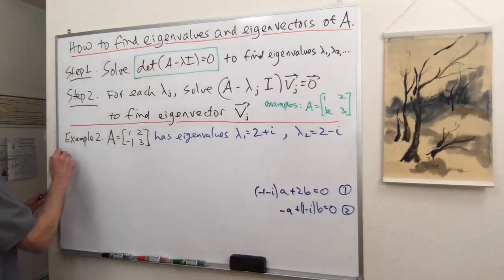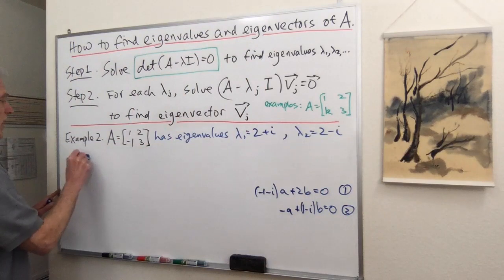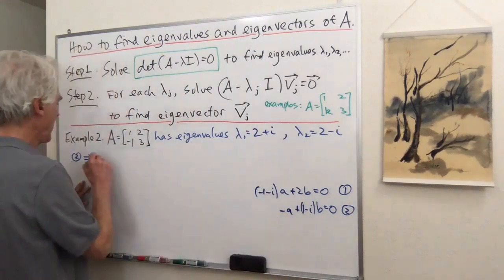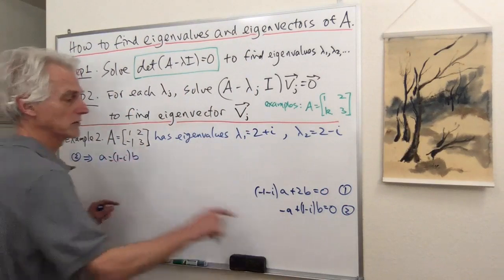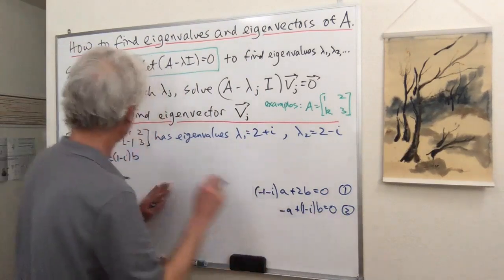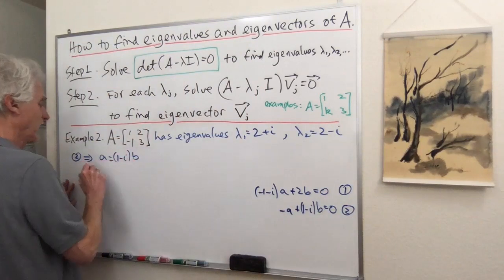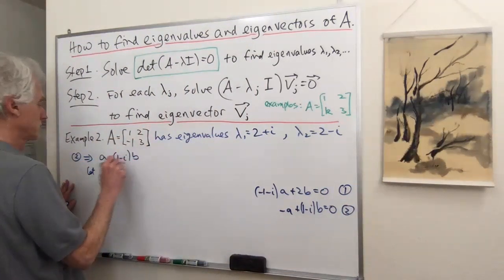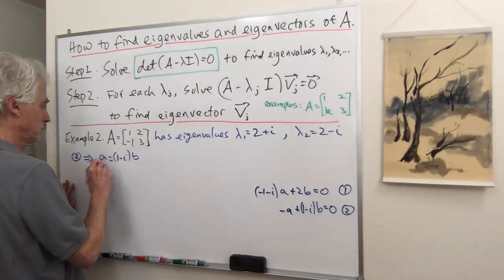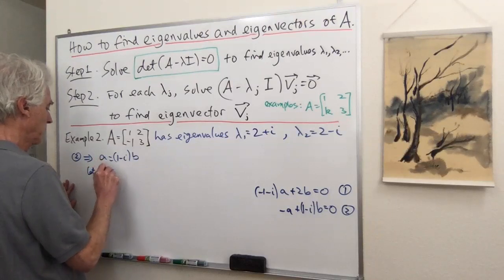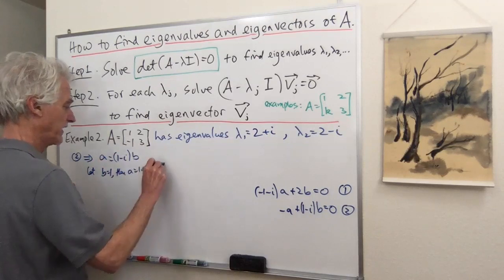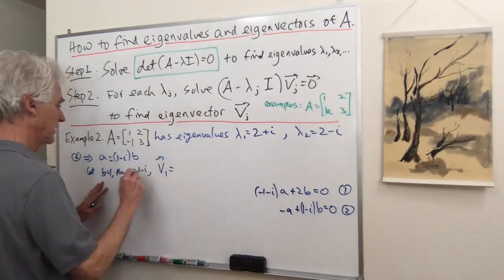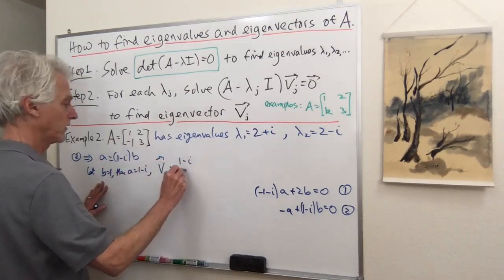Okay, I think I like 2. 2 implies that A is 1 minus I times B, right? Bringing the A to the other side. So if I let B equals 1, then A is 1 minus I, and V1 is (1 minus I, 1).